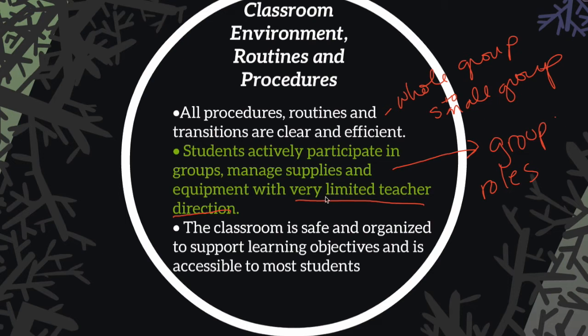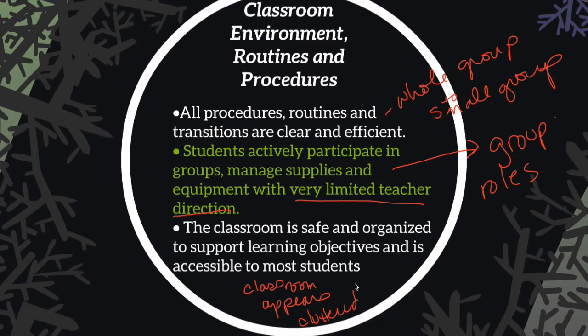Also, that sounds kind of common sense, but you'd be surprised how many have trouble with this indicator: the classroom is safe and organized to support learning objectives and accessible to most students. This is the proficient level. Now, let's say you go down to developing, then you see this part about the classroom being cluttered. So let's say your classroom is well organized, kids can find their materials, they can find supplies, they can get to what they need to get to that leads to mastering your objective.